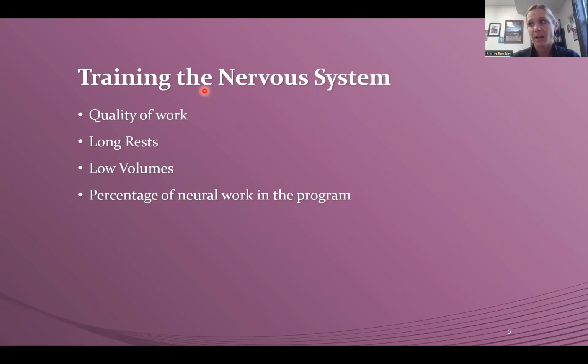So in the best case scenario, we're doing this in a temperature controlled environment, because with these long rest intervals we can keep those muscles warm so that we're not at risk for injury. That's maybe a huge obstacle for some of our strength and conditioning coaches that want to do this work outside, and as you know, it's not always going to be optimal temperatures all year round when I'm working with athletes.